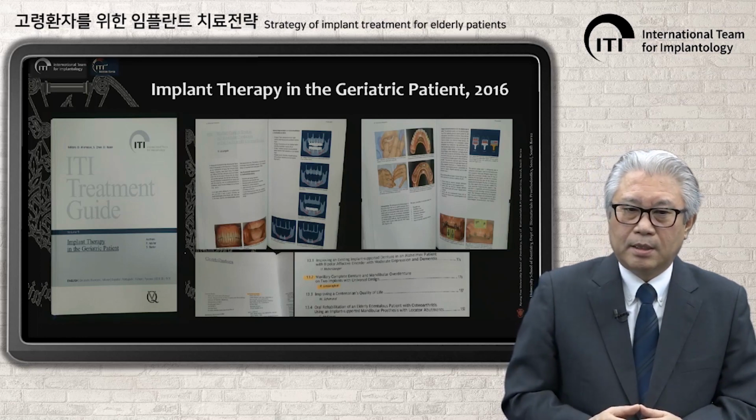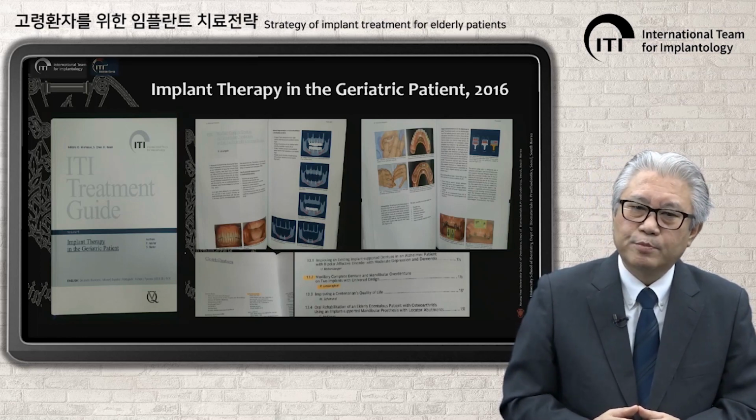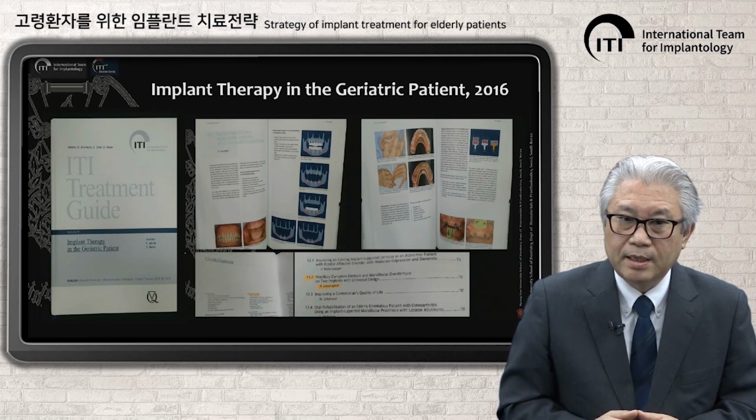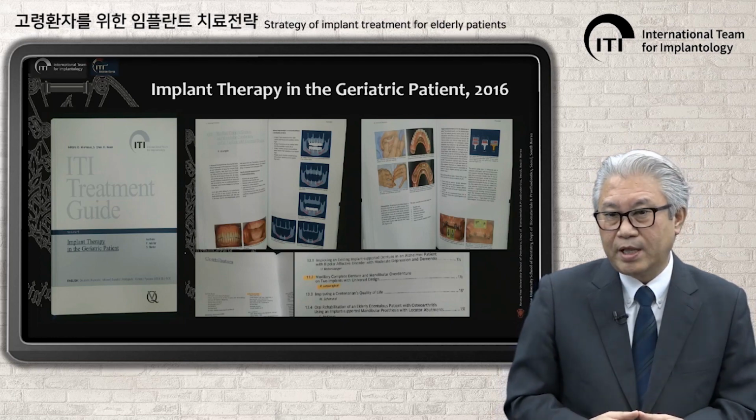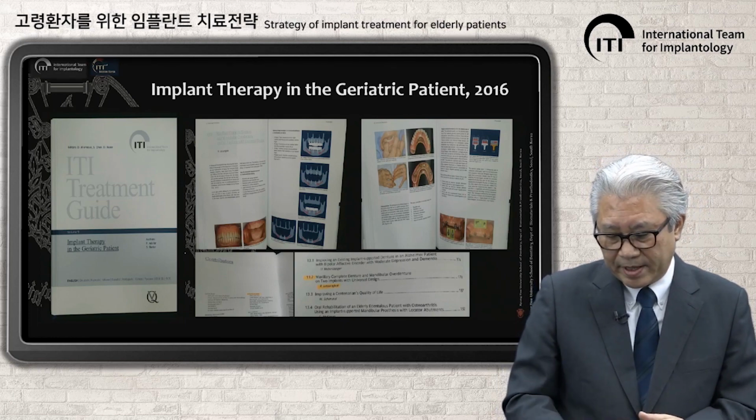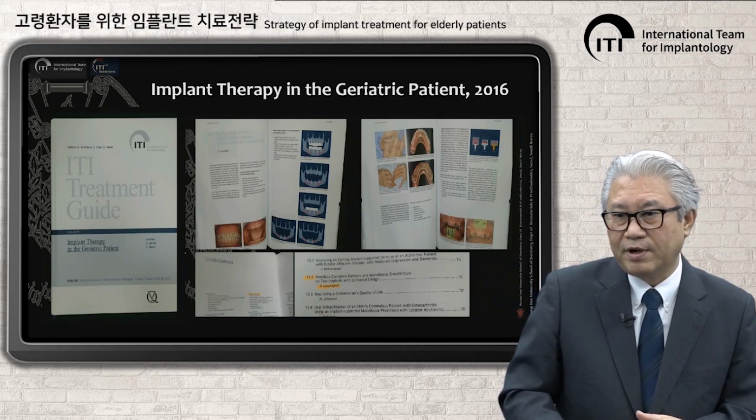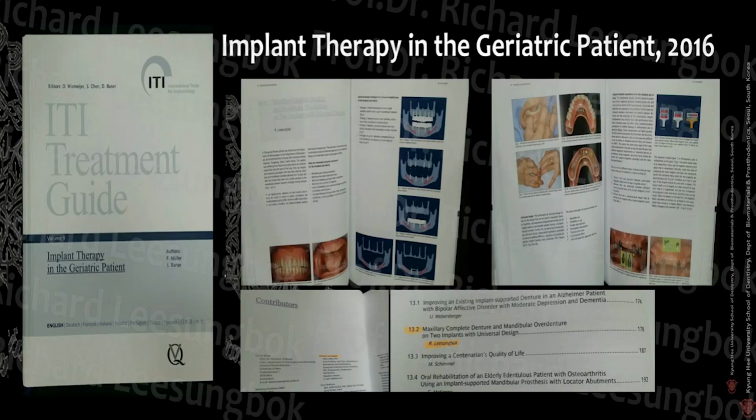ITI Treatment Guidebook Series Number 9, published in 2016, describes implant treatments for the geriatric patients. Among them, Chapter 13.2, which I have authored, provides a detailed description of all the options described earlier on the implant treatment strategy for the elderly patient with edentulous jawbone.